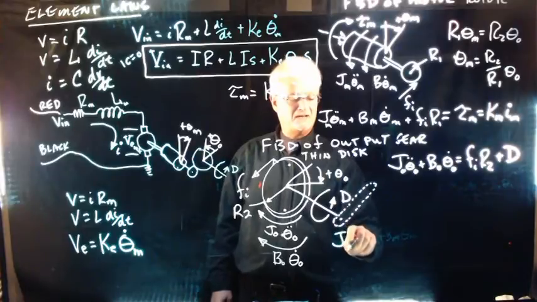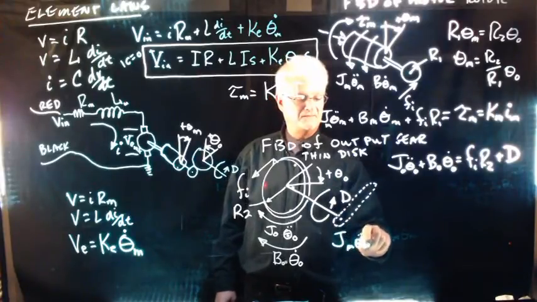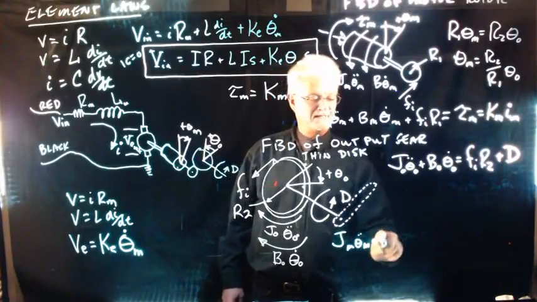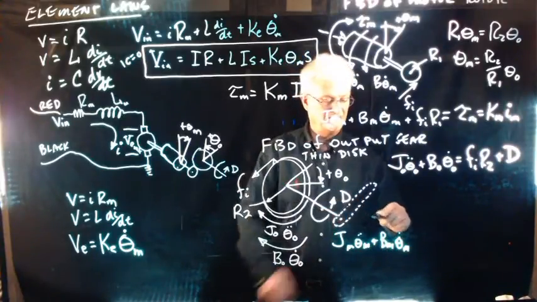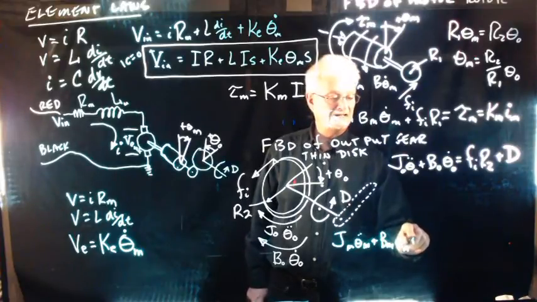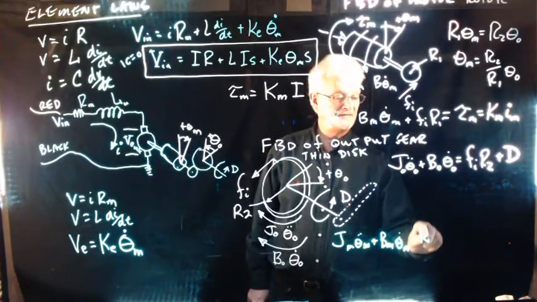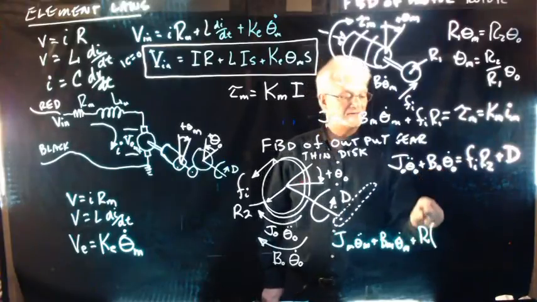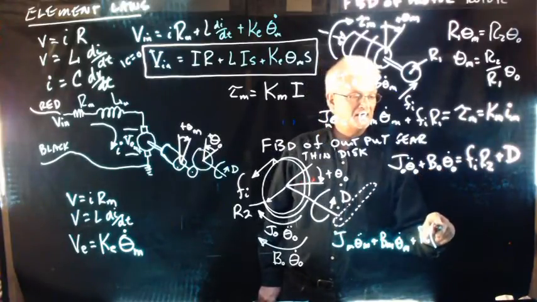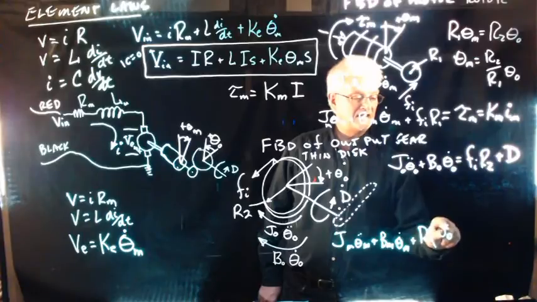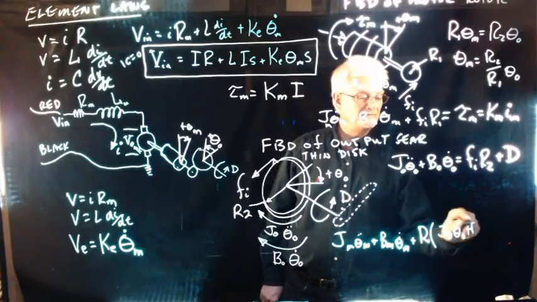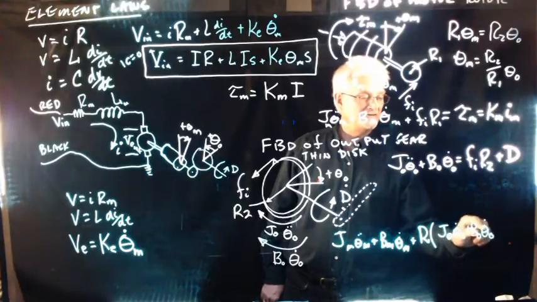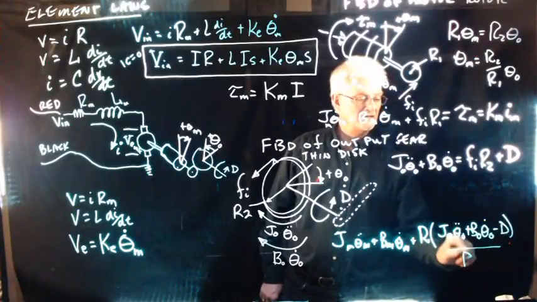So this is going to be J M theta double dot M plus B M theta dot M, plus R1 times F sub I. I can see what F sub I is going to be: J out theta double dot out, plus B out theta dot out, minus D over R1.